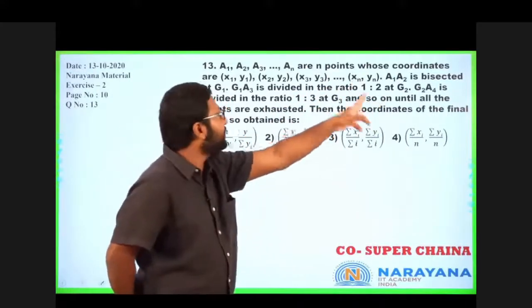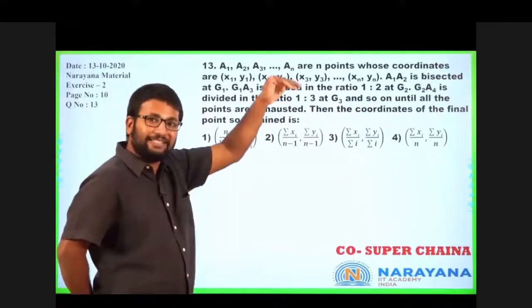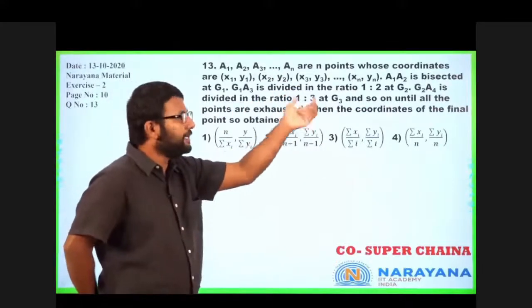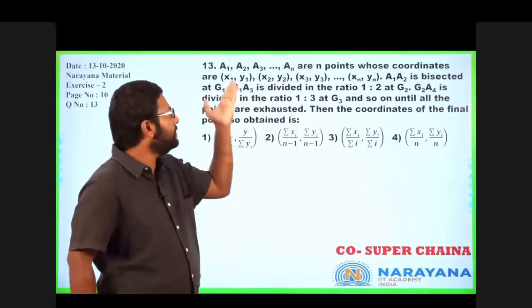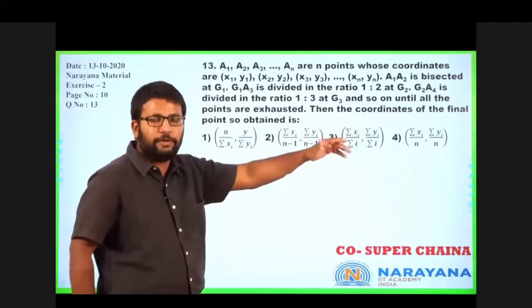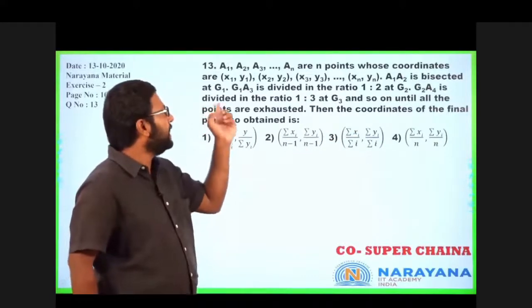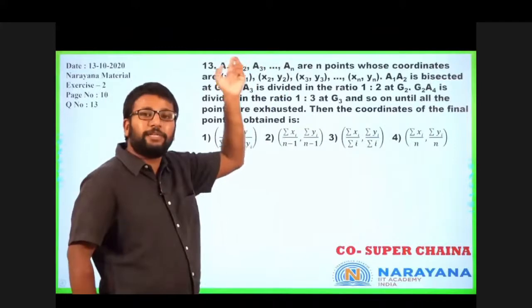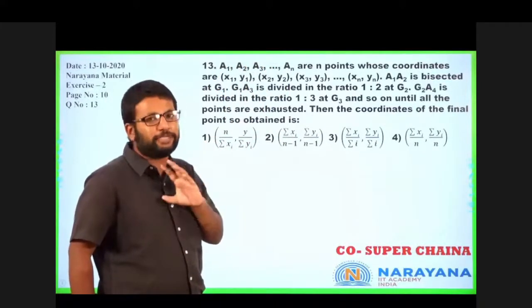Then G2 is known, A4 is also known, so G2A4 is divided in the ratio 1:3. Once again use the section formula to get G3. So if you repeatedly use the section formula, you will keep getting coordinates of G1, G2, G3 and so on. Then you just need to generalize it, because they are asking until all the points are exhausted, which means when you reach the nth point, what happens? You just need to generalize it into an n-based form.